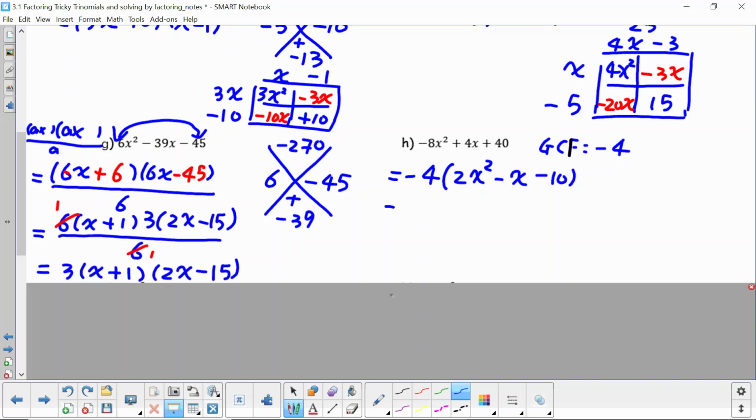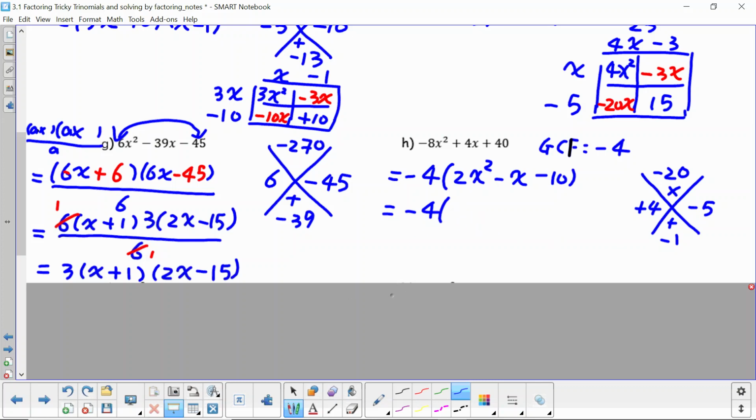Then in the bracket, it is a tricky trinomial again, so we are going to do the x again. Times together is 2 times negative 10 gives you negative 20. Added together negative 1, you will have the two numbers negative 5 and positive 4.